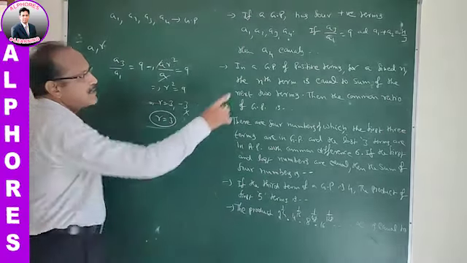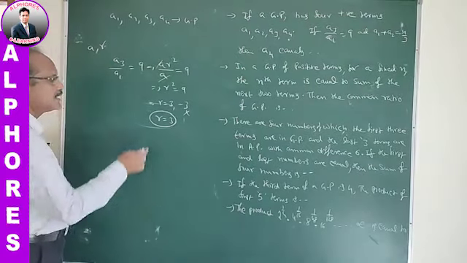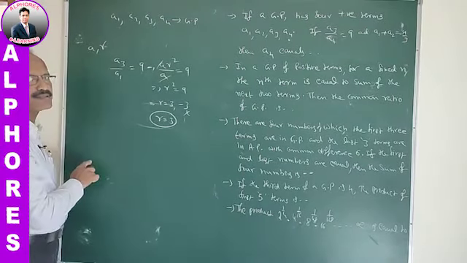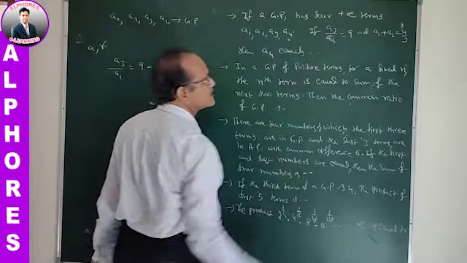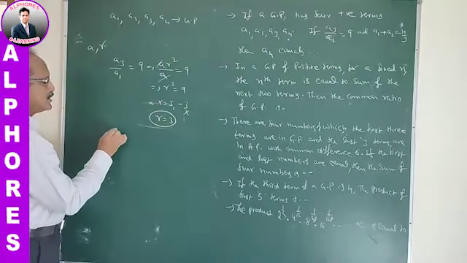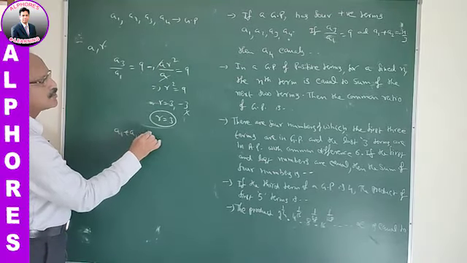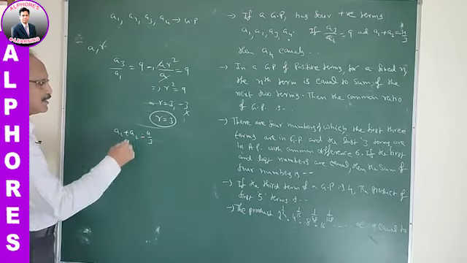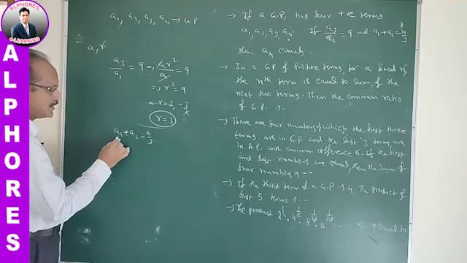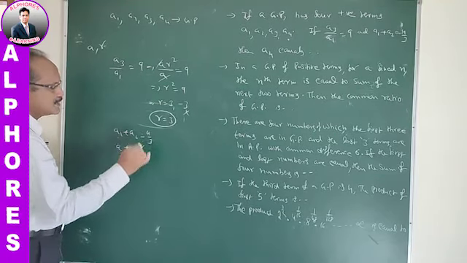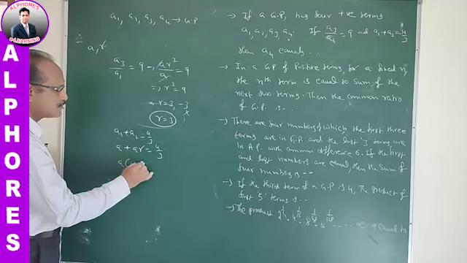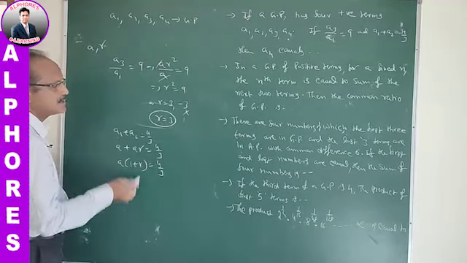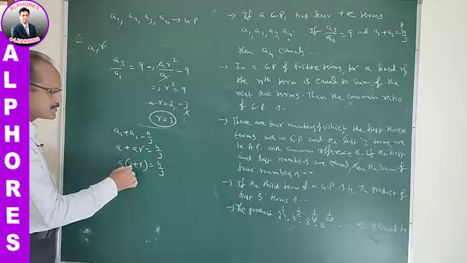To write the A4 element, you have to calculate A, the first term, also. For that you have another clue: A1 plus A2 is equal to 4 by 3. Here A1 is A and A2 is AR, equal to 4 by 3. Taking A as common, A times 1 plus R equals 4 by 3. Here R is 3, so 1 plus 3 is 4.